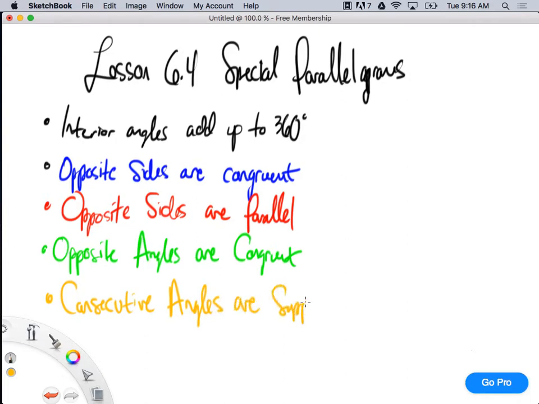What about the diagonals? Yeah, the diagonals bisect each other.